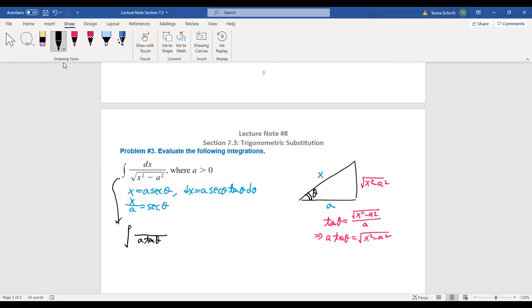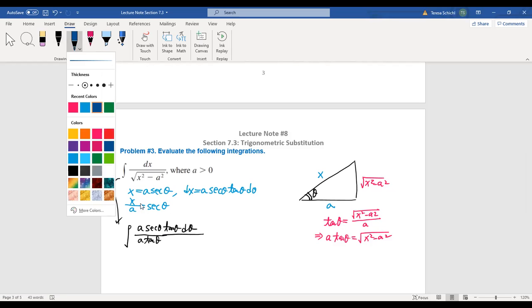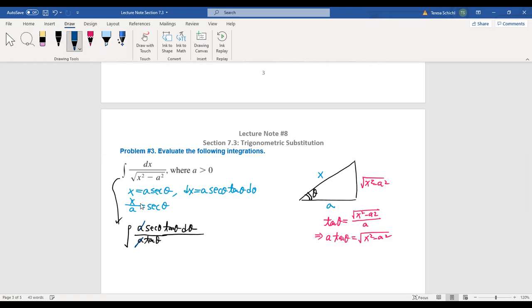All right, then dx is what? dx is a secant theta tangent theta d theta, right? Oh, that's good, I can cancel something. Let's see what I can cancel. The a and a I can cancel. Tangent and tangent I can cancel. And now this one's here.